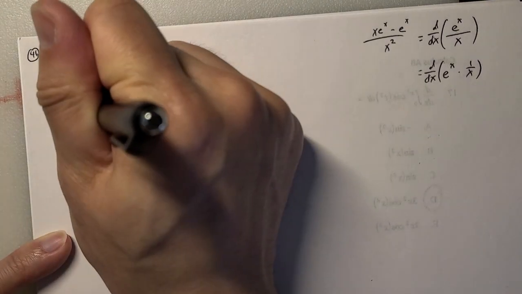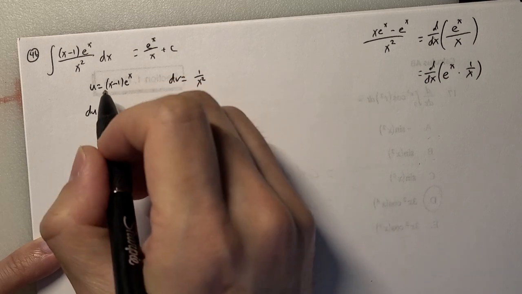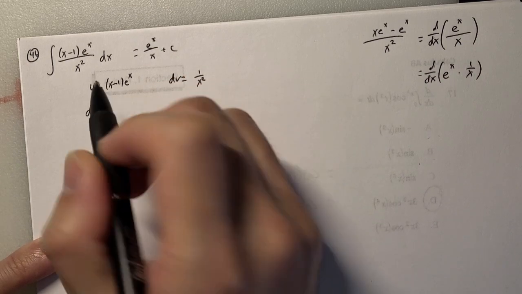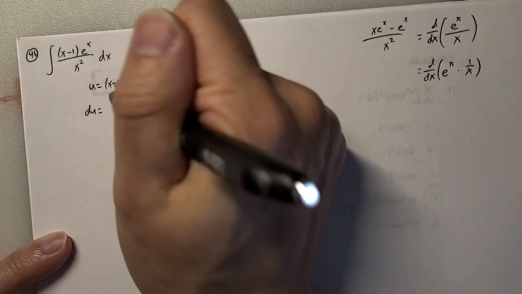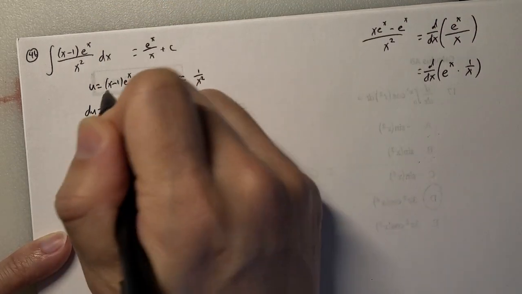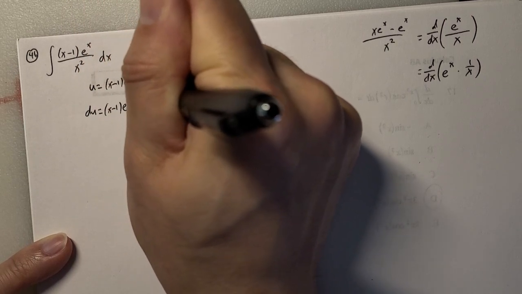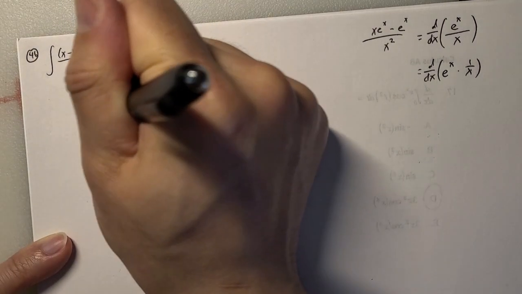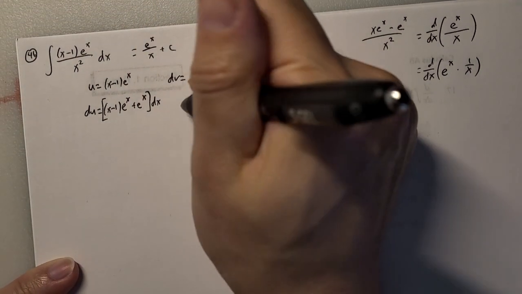Okay, so du would be, here we need product rule. First d second plus second d first, or you can distribute it out. Doesn't matter. We still need product rule even if you distribute the e to the x to both terms. But let me just do product rule directly. First d second plus second d first. Okay.